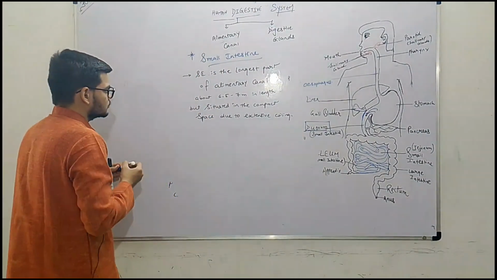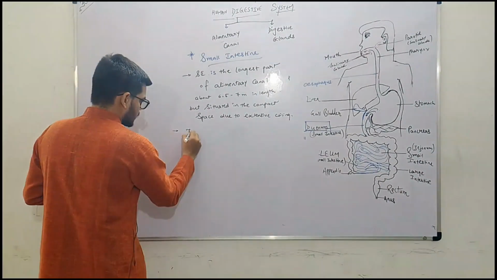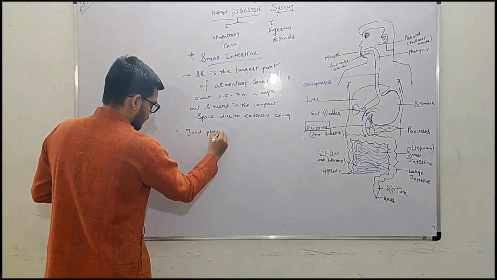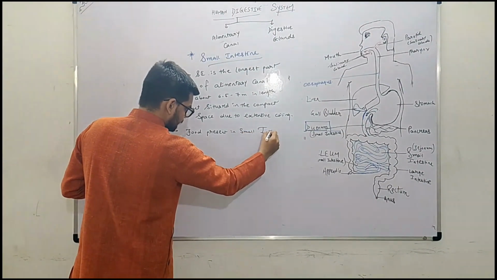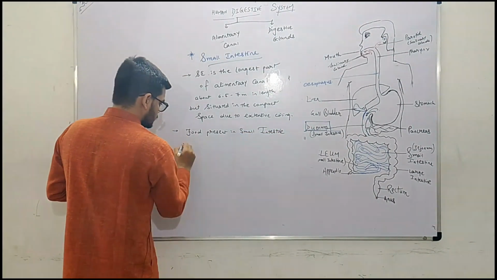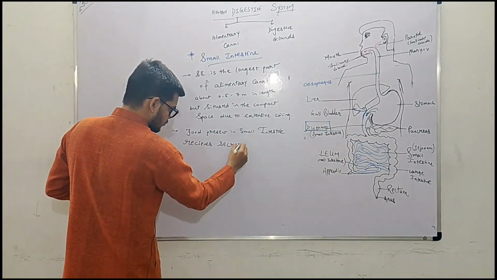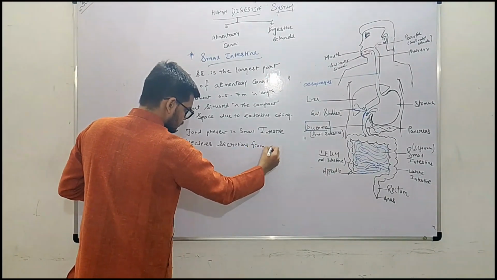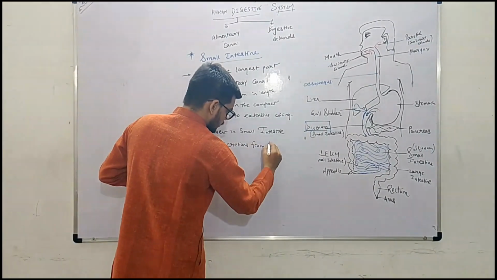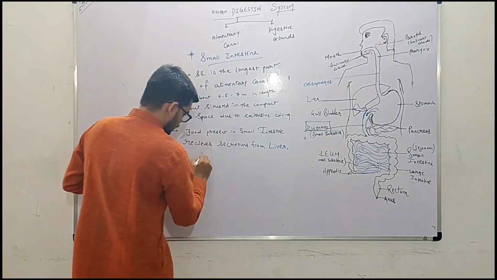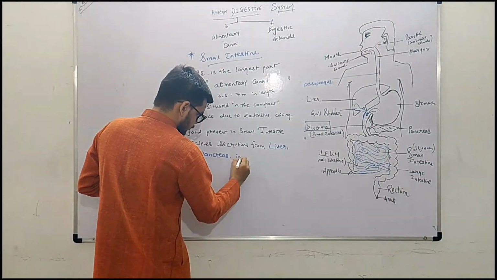So food present in small intestine receives secretions from first liver, second from pancreas, and third inner wall of small intestine.